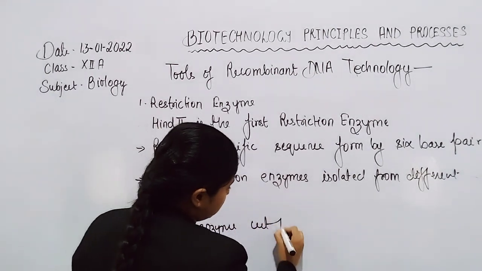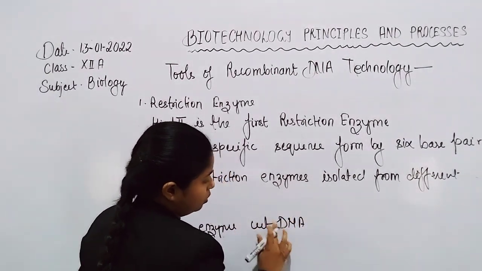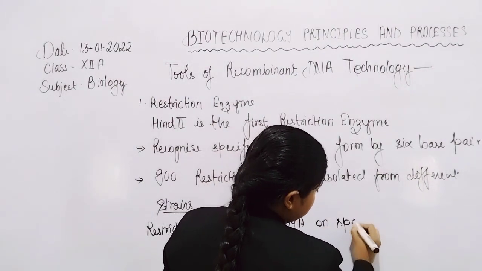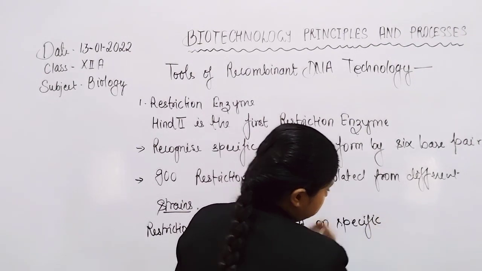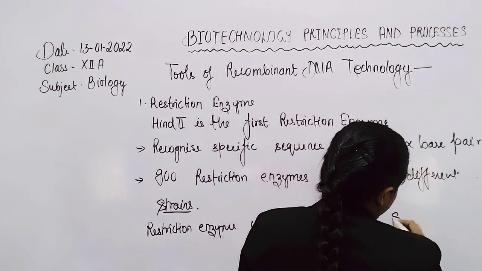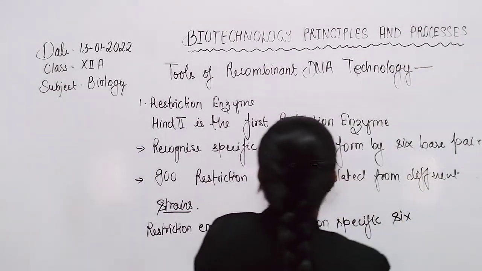Restriction enzymes cut the DNA at a specific 6 base pair sequence.